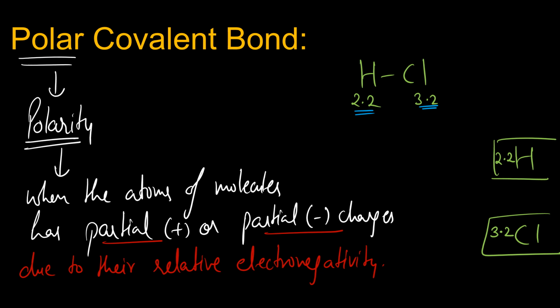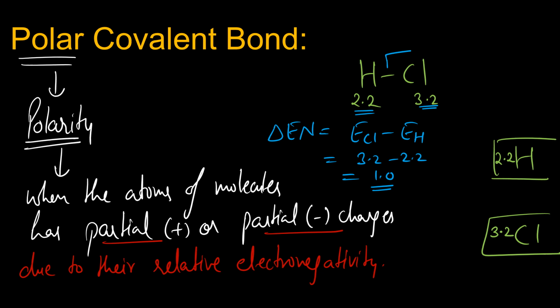Second thing, we can check the electronegativity difference among them. After subtraction, you see they have a difference of 1. If the electronegativity difference is more than 0.5, then the covalent bond is marked as a polar covalent bond.